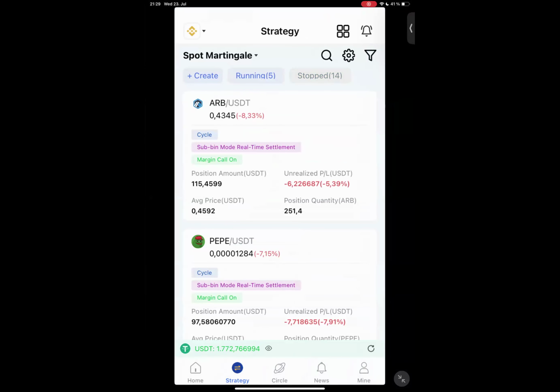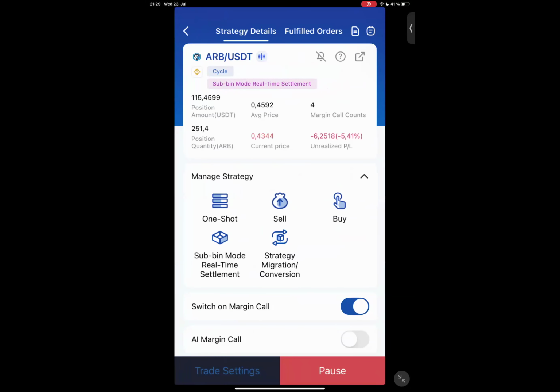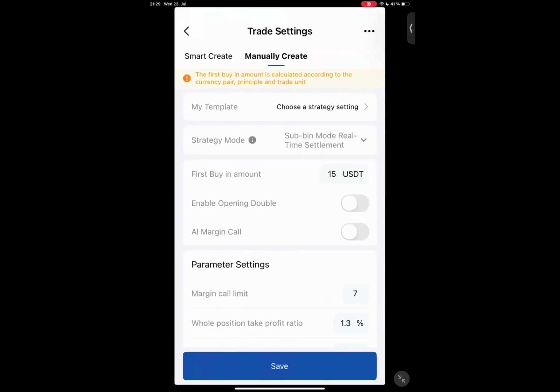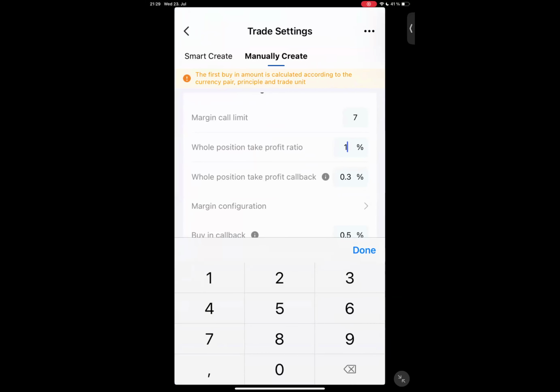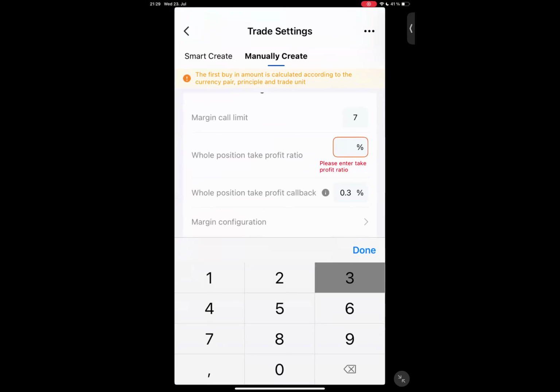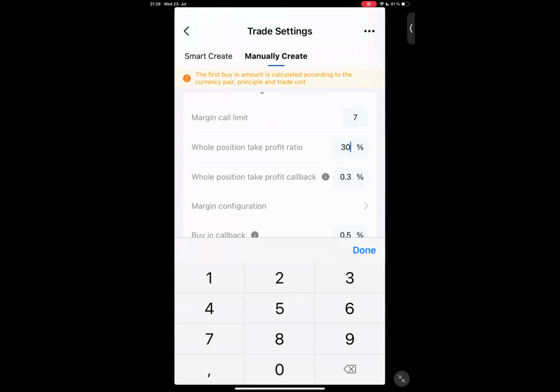Now, if I want to increase the take profit to 30%, I'll still open the trade. Then I tap on trade settings below. Then the whole position take profit ratio. I'm going to change it from 1.3. Then I'll do it 30%.